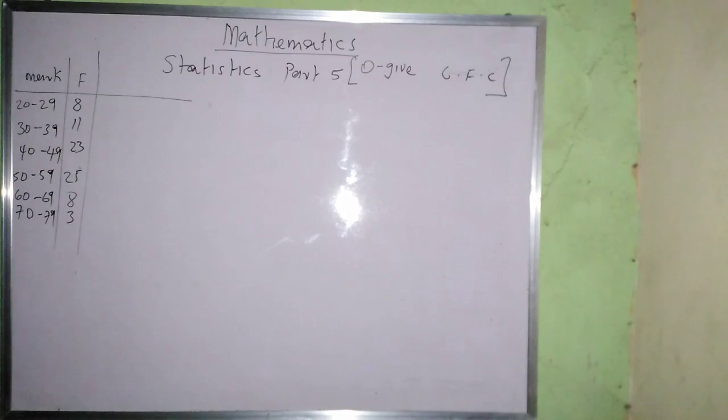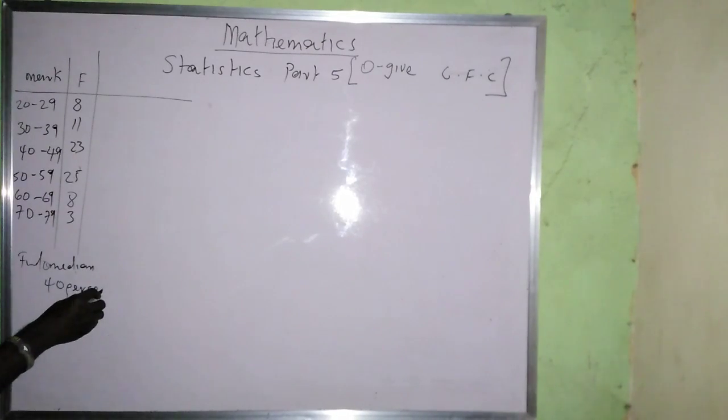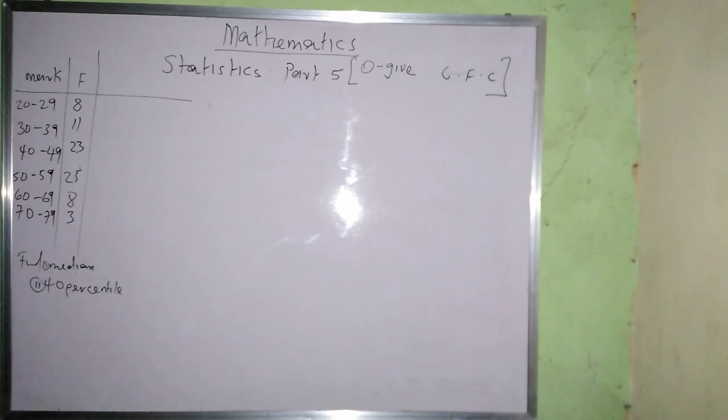Let me just find the median, number 1. The 40 percentile, that is number 2. What again? Quartile range.